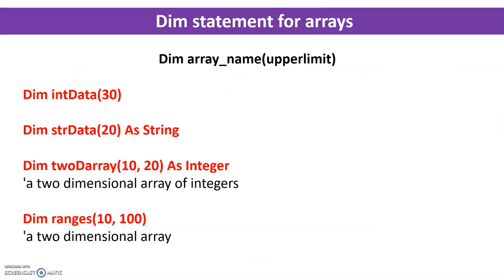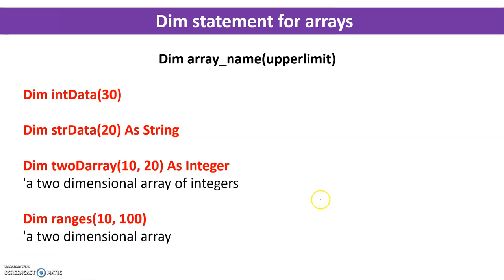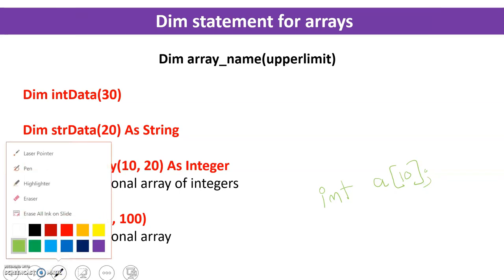Now in VB, how do we declare an array? In C programming, we used to write it this way, like int a[10]. This is the way we declare an array in C. In VB, it's a little bit different.